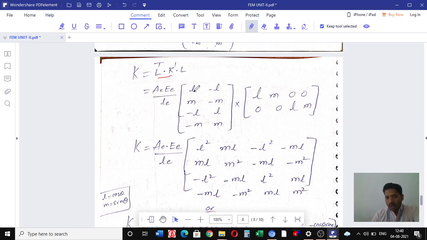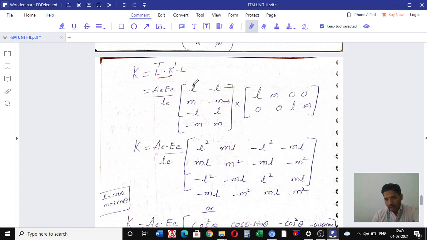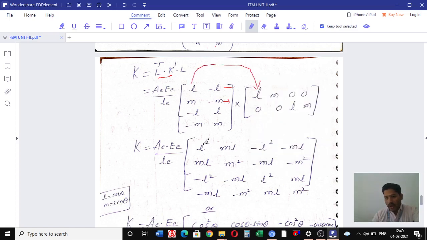First of all, you need to multiply these two rows, this R1 and R2. How to multiply? Let us see over here. L into L, it should be L square. L into m, it should be L m. L into m, it should be L m. Clear? This is over. After that, again you need to multiply.